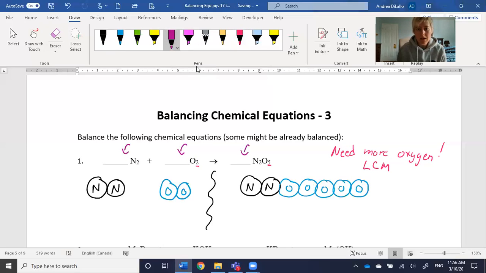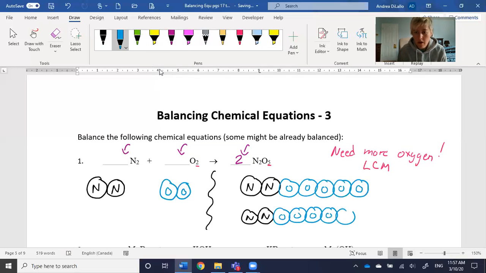So that means if I put a 2 in front of my dinitrogen pentoxide, that means I'm drawing another molecule that has 2 nitrogens, 1, 2, 3, 4, 5 oxygens.